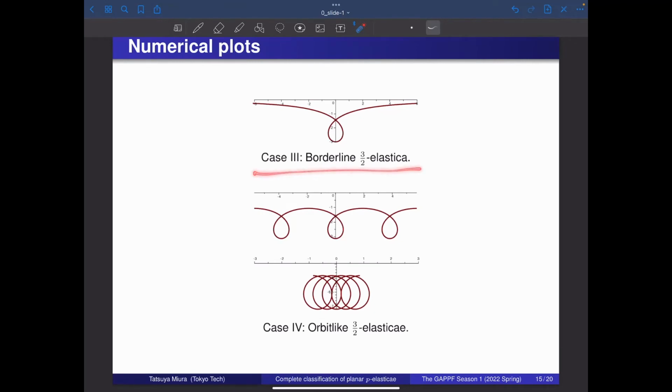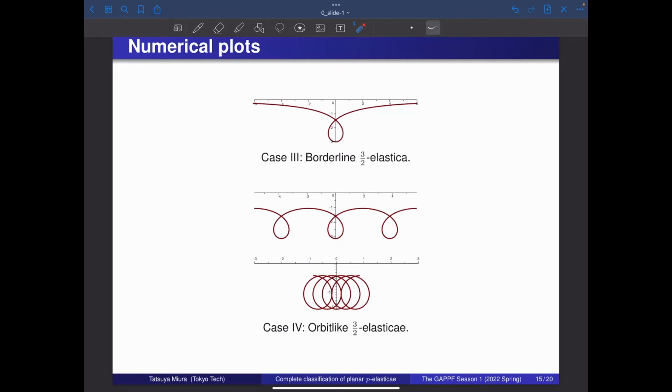And here we have borderline elastica, borderline 3/2 elastica. As I said, it is just one loop with infinite length. And here you have orbit-like 3/2 elastica. And by changing the parameter, the distances of loops shrink.